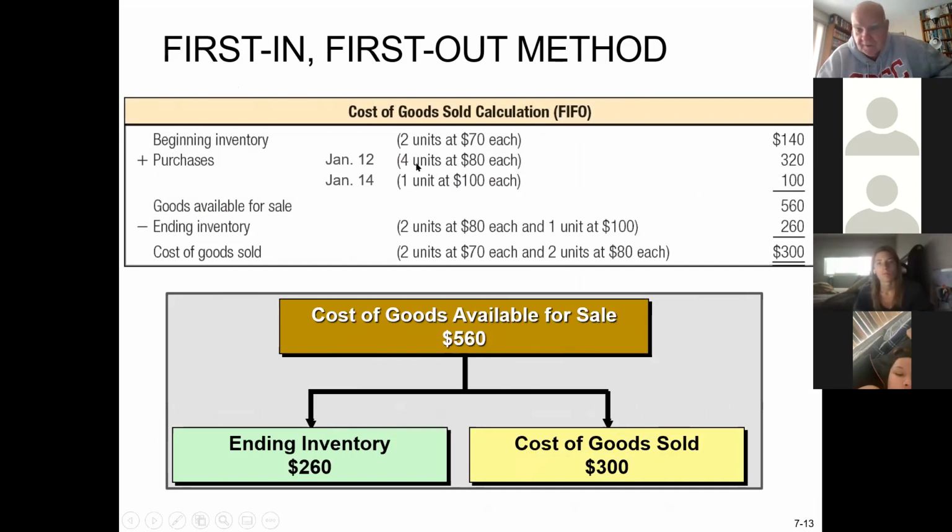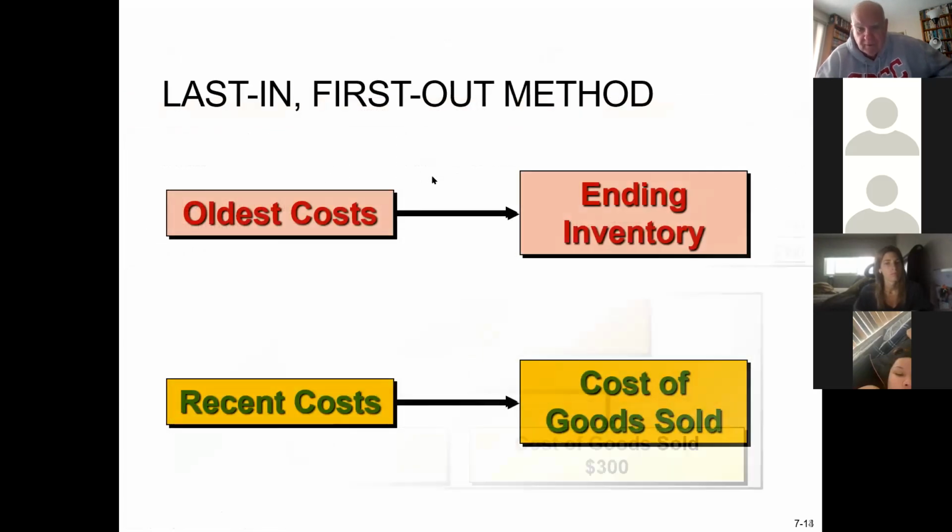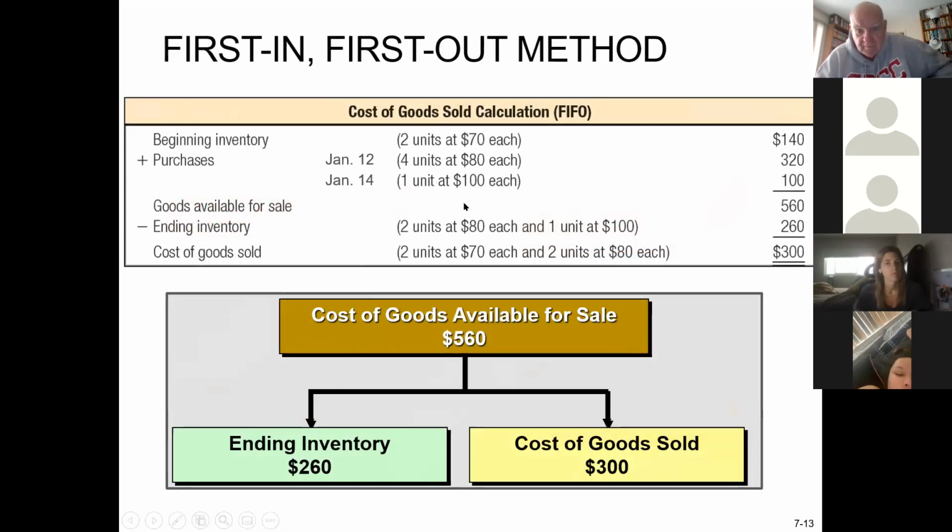And we have to go to the next layer. These are called layers. The next layer, the oldest, are these 4 units, but we only need 2 of them because we only sold 2 of them. So 2 times 80 and 2 times 70 gives us the cost of goods sold of $300, okay?